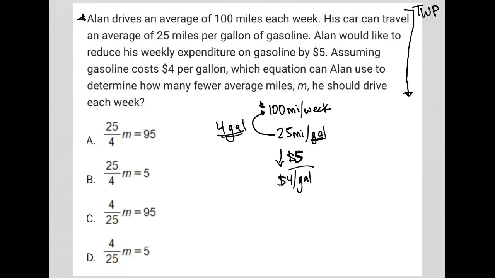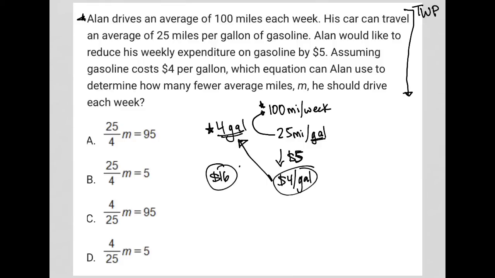So again, now I'm going to connect that to this because if he's driving 100 miles per week in a car that drives 25 miles per gallon, then we know that he's purchasing 4 gallons of gas per week. If the gallon of gas costs $4, that means he's paying $16, right? $4 times 4 gallons is $16.